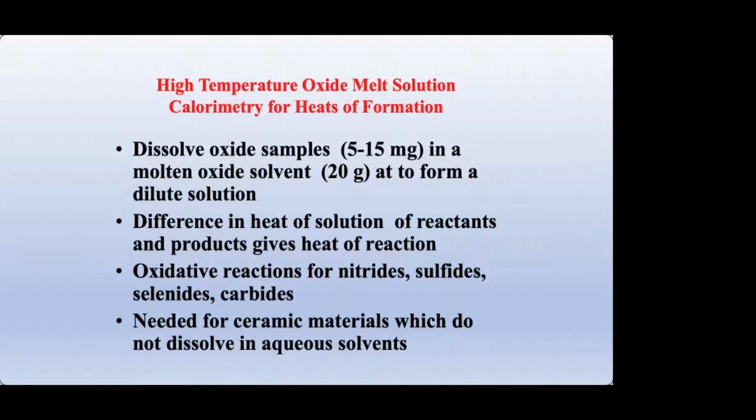We dissolve oxide samples, typically 5 to 15 milligrams, sometimes less, in a molten oxide solvent, typically 20 grams, to form a dilute solution which follows Henry's law, so we do not have to worry about the concentration dependence or the interaction of species in the solution. The differences in heat of solution of reactants and products gives the heat of reaction.